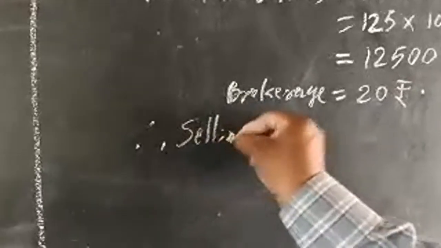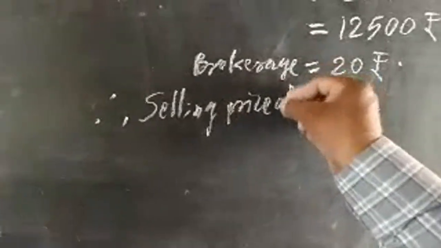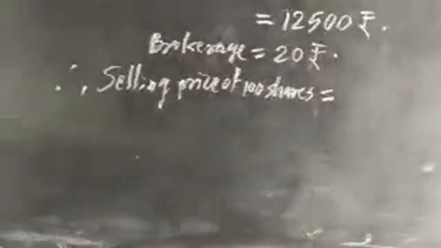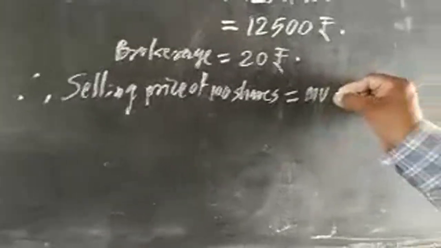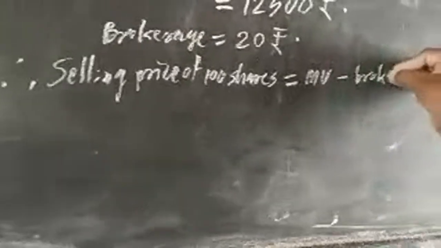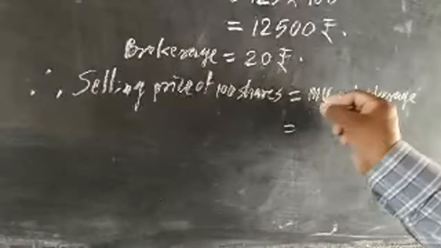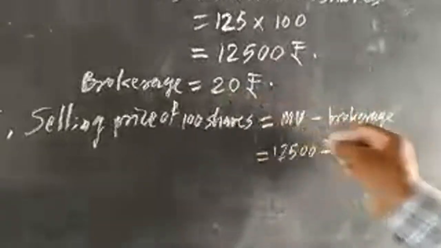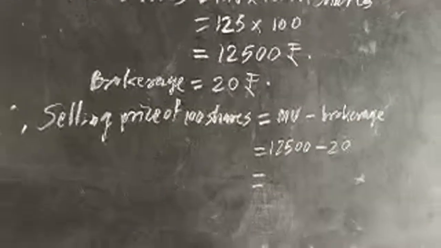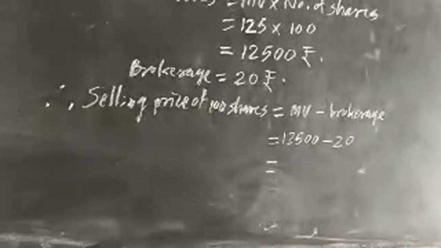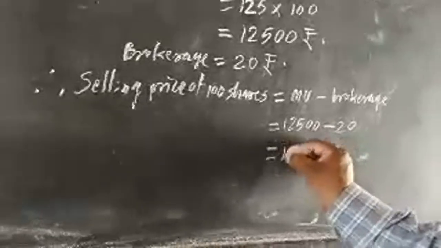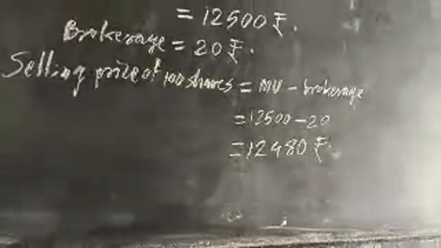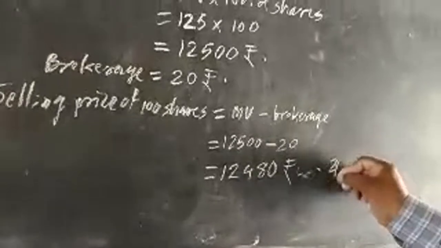Selling price of 100 shares is equal to market value of 100 shares minus brokerage, and market value of 100 shares is 12,500 minus brokerage 20, and subtraction is 12,480 rupees. Good. That is equation 4.